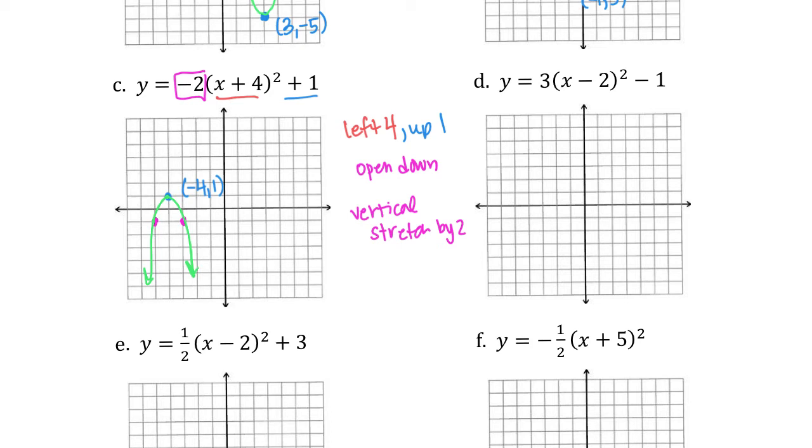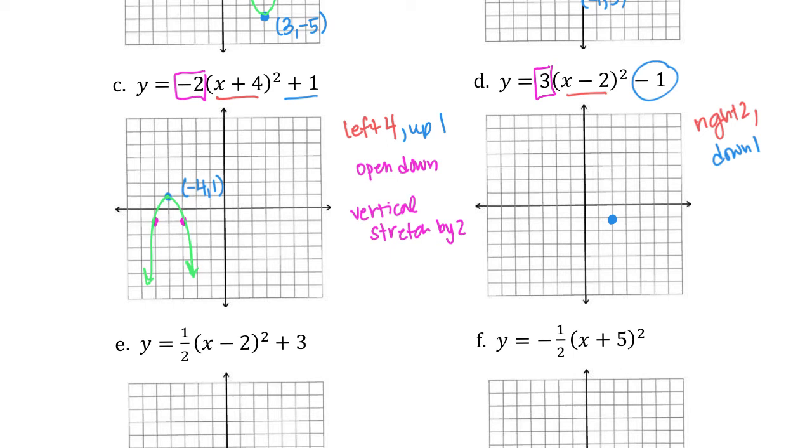Let's look at the next one. First, let's check the translations. X minus 2 in parentheses means right 2. Minus 1 at the end, down 1. So I'm going to plot my vertex, right 2, down 1, down here. Okay, let's see, is there a stretch? There is. There's a number in the front.